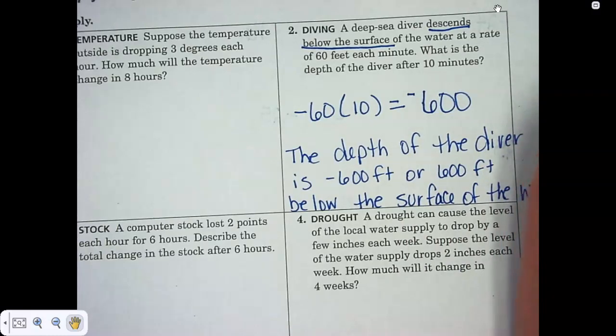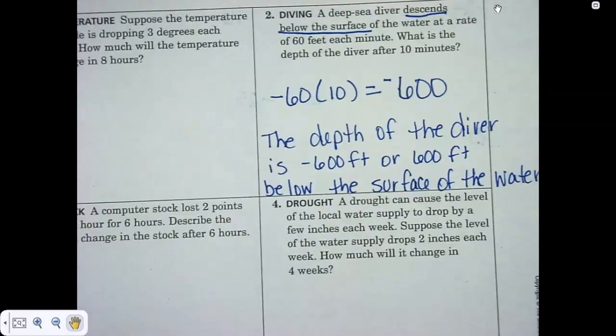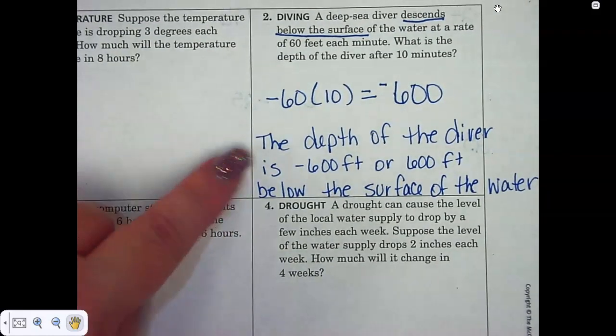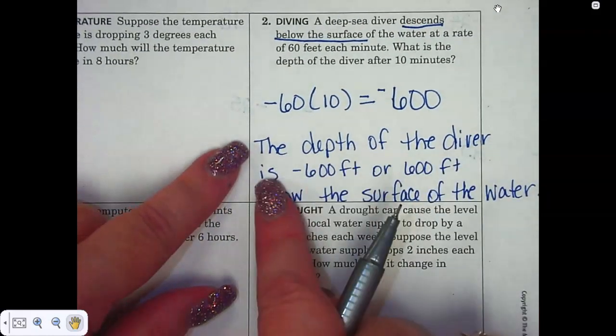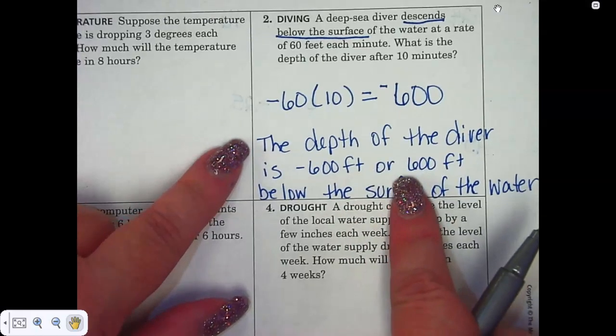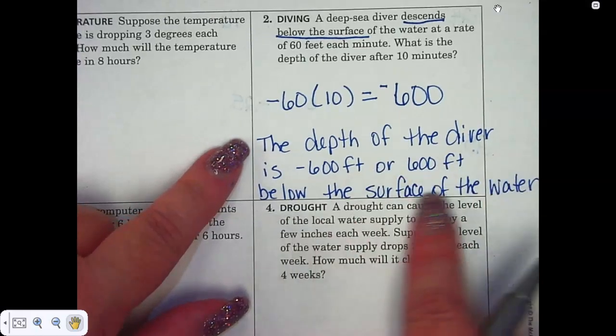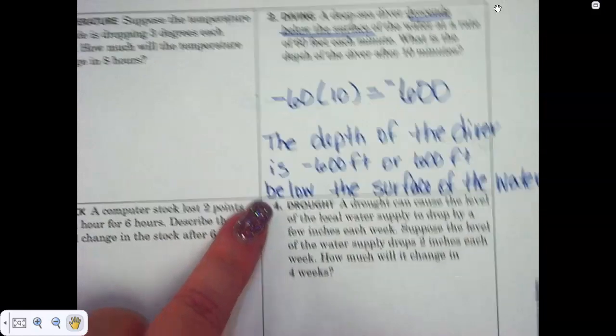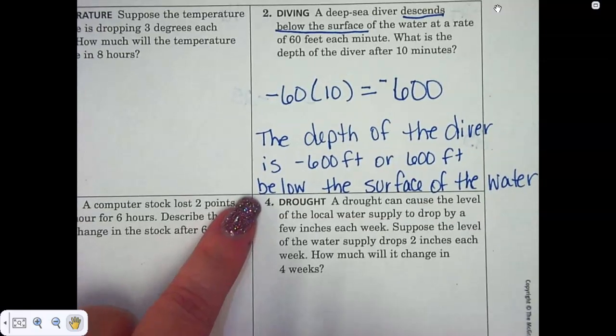I want you to write that entire thing. I know that seems like it's repeating it, but I want you to see that you can either say the depth of the diver is negative 600 feet, or that also means 600 feet below the surface of the water, because it's this keyword that also means negative, right? That's how you can write that.